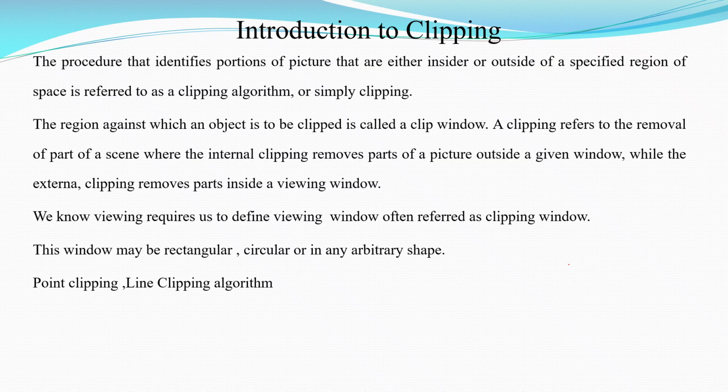Any point x, y is said to be interior to the clipping window if x is greater than or equal to x of the left corner and x is less than or equal to the right. This is for point clipping, right? So for the point x, y, x should be greater than or equal to the left side and less than or equal to the right side of the window.